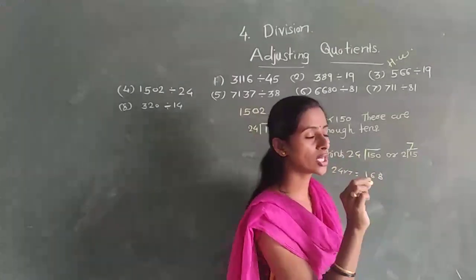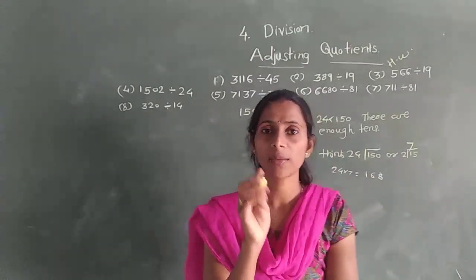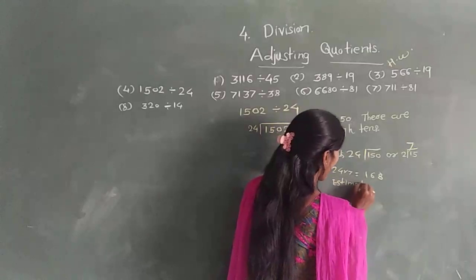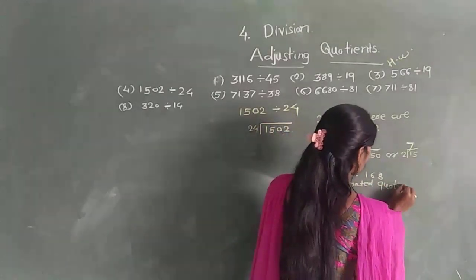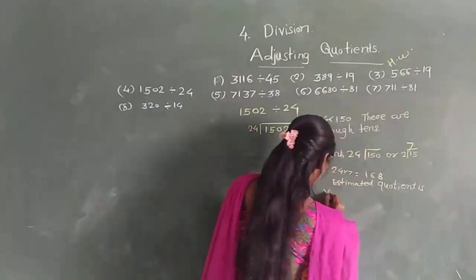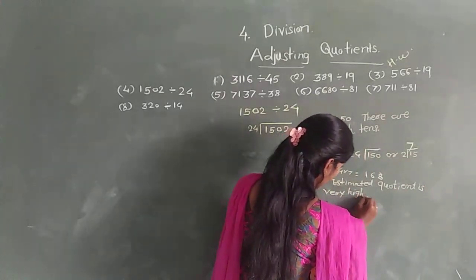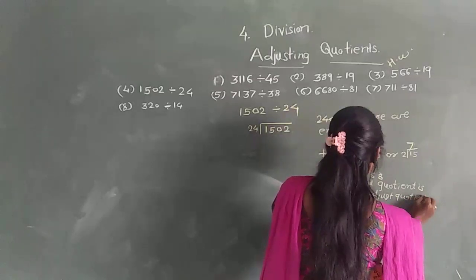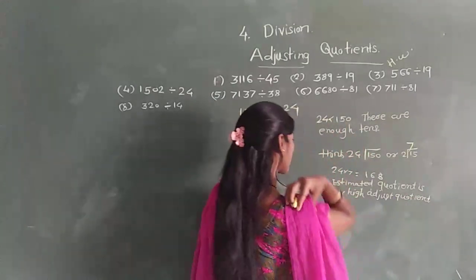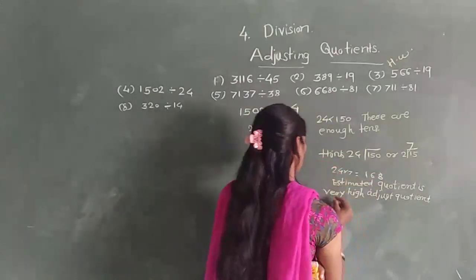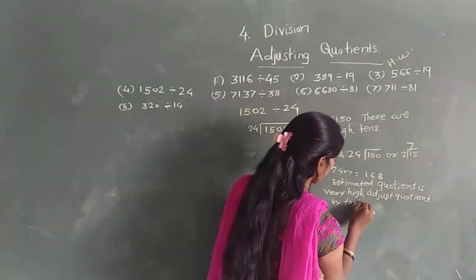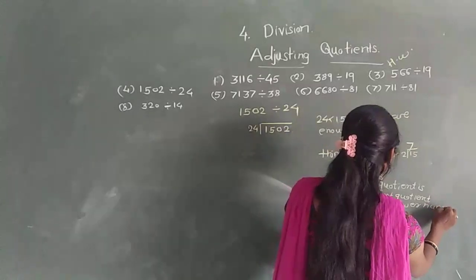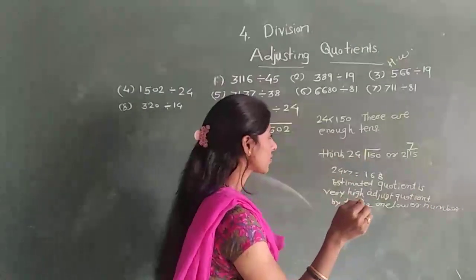But this estimated quotient is very high. So adjust the quotient by trying one lower number, that is 6.